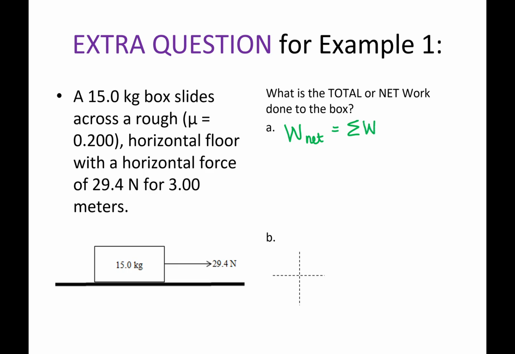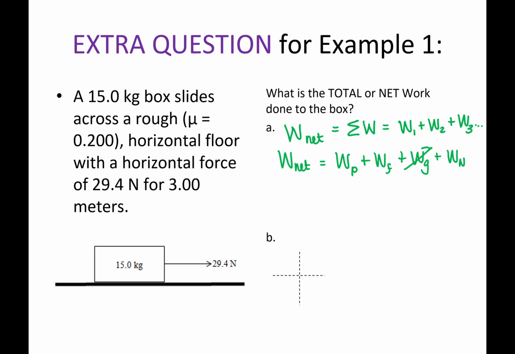Now, because this is a scalar, we don't have to worry about left and right and all of that. So it's literally just work 1 plus work 2 plus work 3 or whatever. So here we can say it's the work done by the push plus the work done by friction plus the work done by gravity plus the work done by the normal force.